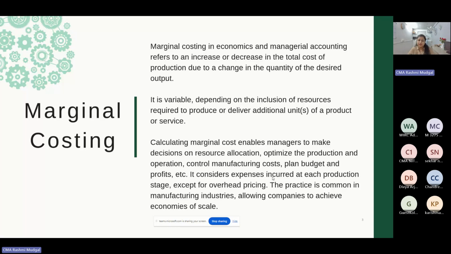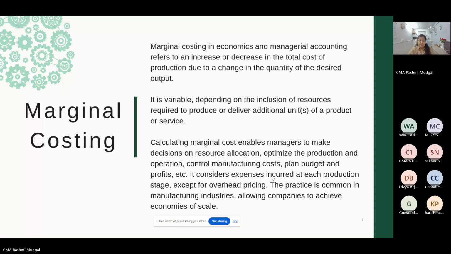But after some time, if I want to increase output beyond a certain limit, I need to invest in fixed cost because I want to increase the capacity. So marginal costing is for the short term.